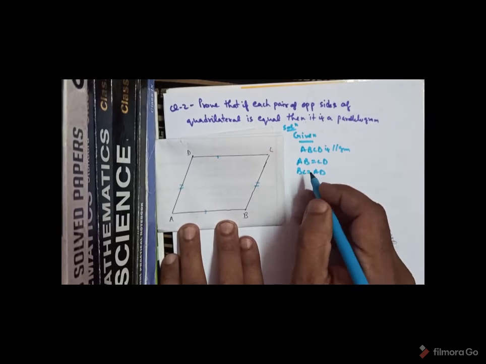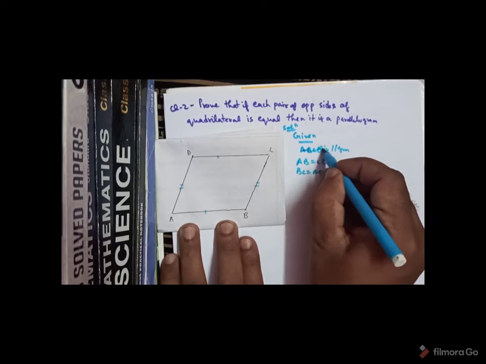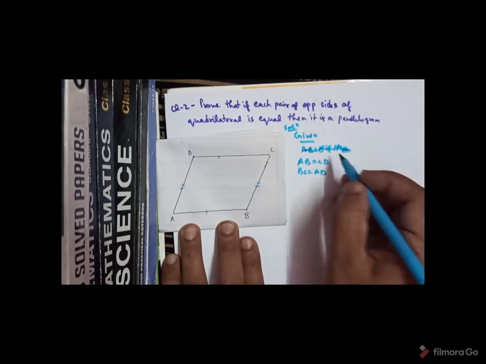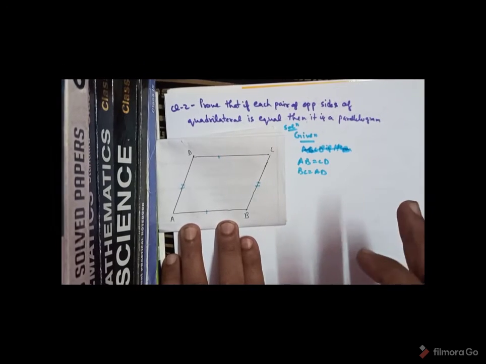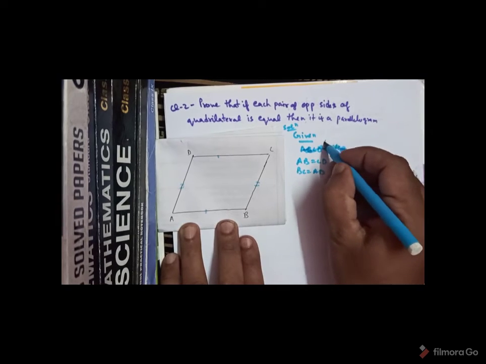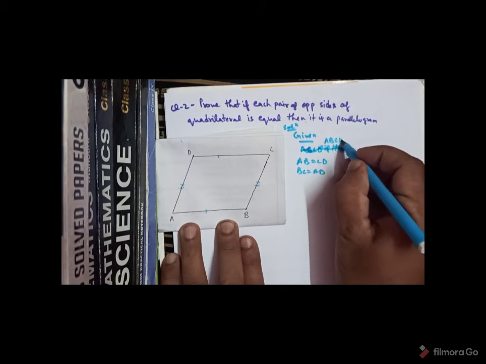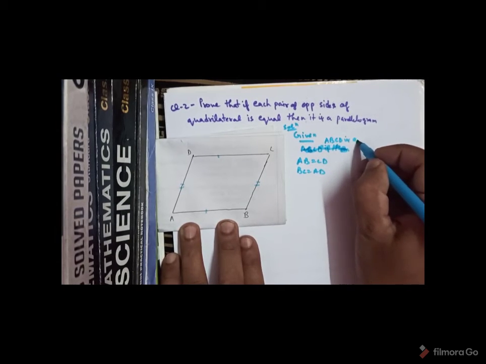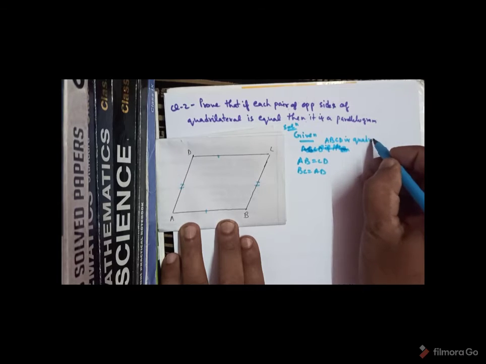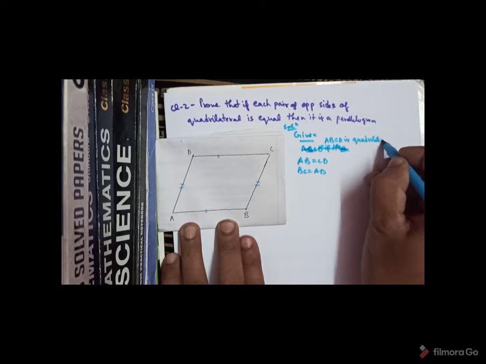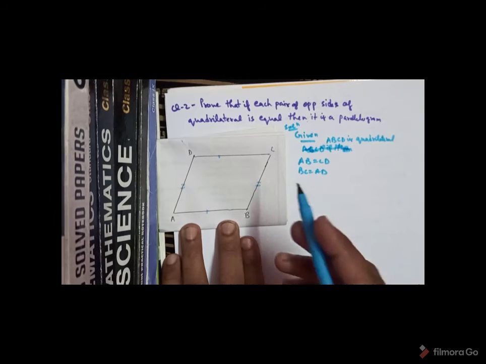Sorry, it is not given that ABCD is a parallelogram. It is given that ABCD is a quadrilateral, according to the question.